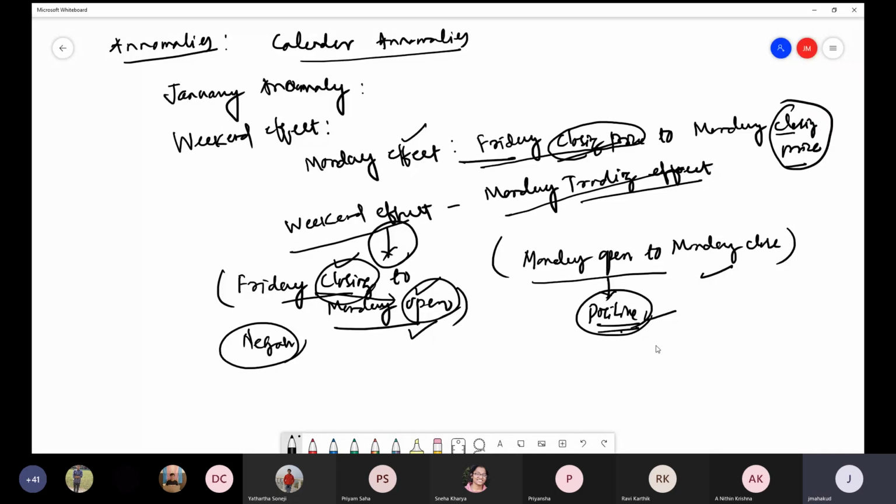It is different from the other months because the Monday effect is negative, that we know, and that negative effect is reflected through the weekend effect, which compares the price between Friday closing and Monday opening. But in the month of January, it has been observed that the Monday effect is positive.